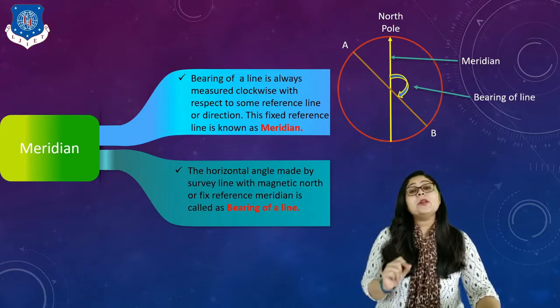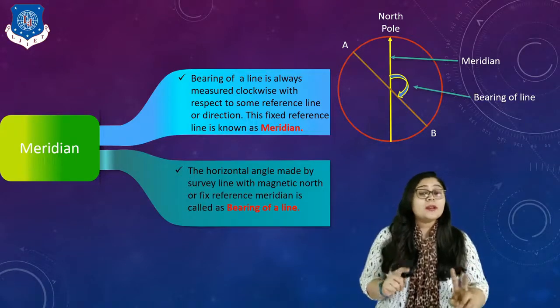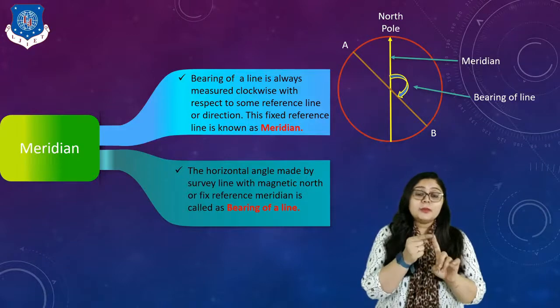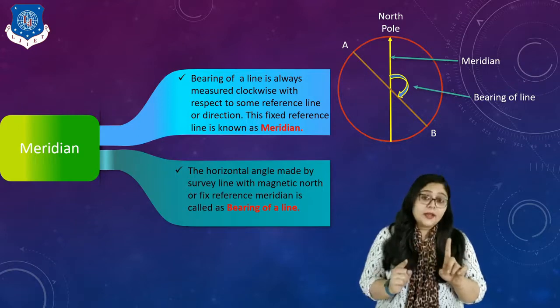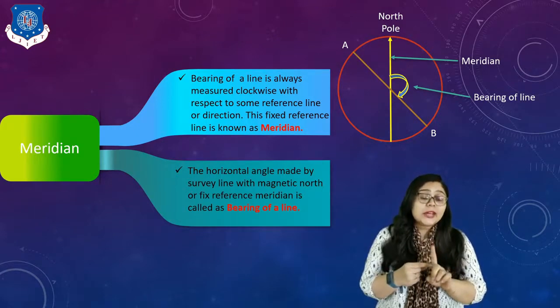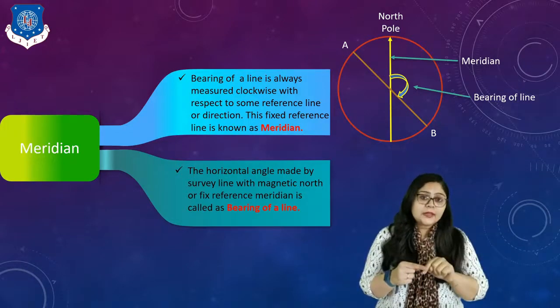So again, in simple words, the bearing of a line is nothing but simply the angle. So here, there are two basic terms: the bearing of a line, where a line means a survey line. And we are talking about survey lines because in a traverse survey, we have a closed loop of survey lines, right?